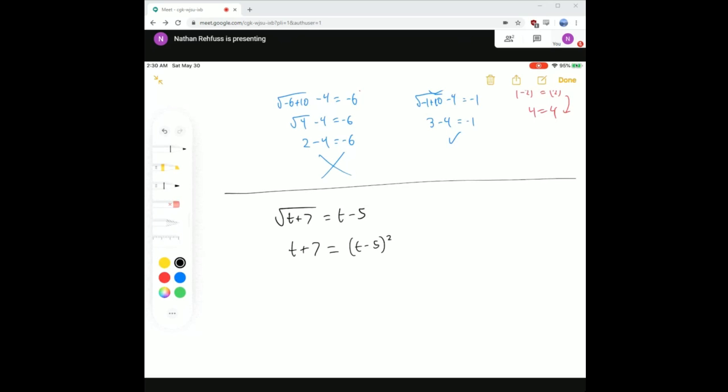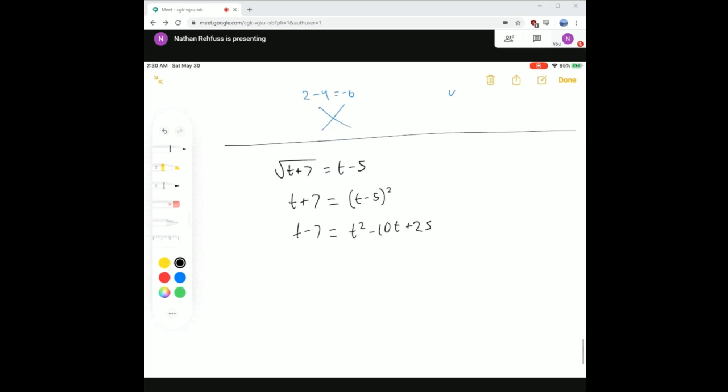So I get t minus 7 equals t squared minus 10t plus 25. And then I can add 7 and subtract t from each side. So when I subtract t, I get -11t. When I add 7, I get 32.